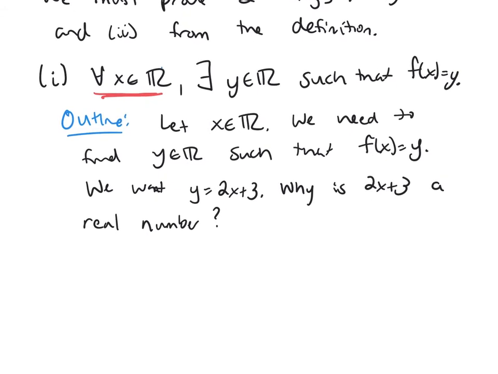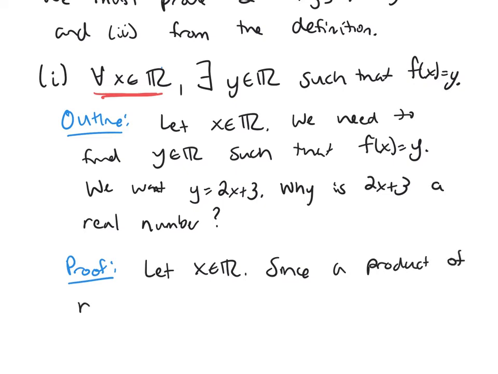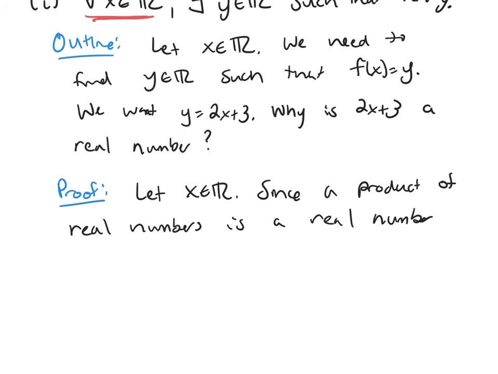So I'll say proof, let x be in R. Since a product of real numbers is a real number, and both x and 2 are real numbers, then 2 times x is a real number.